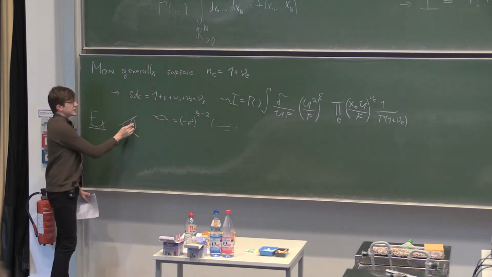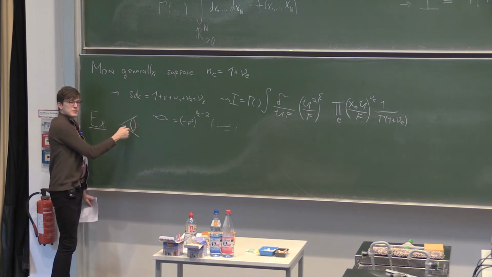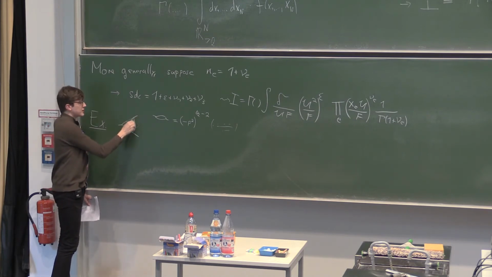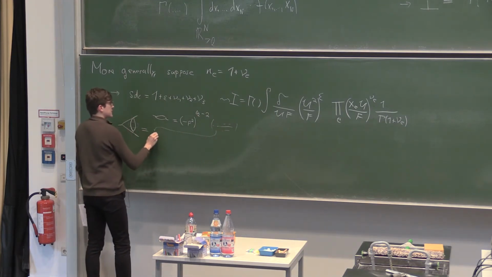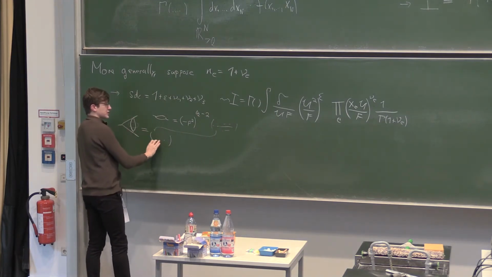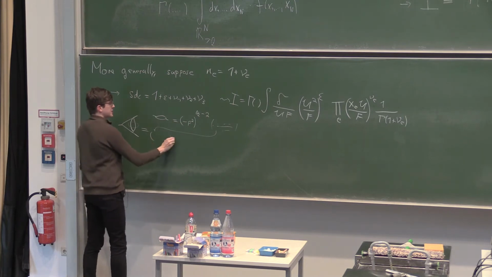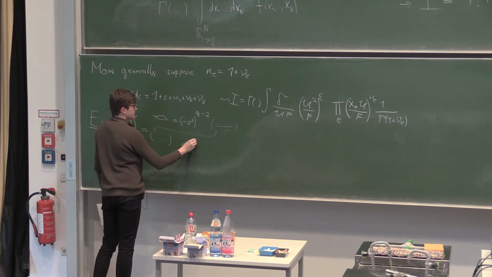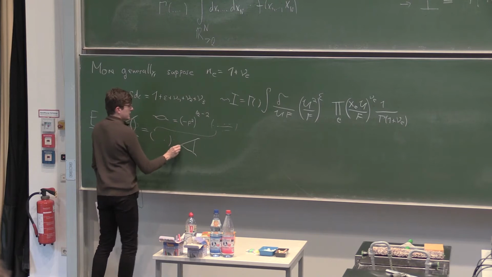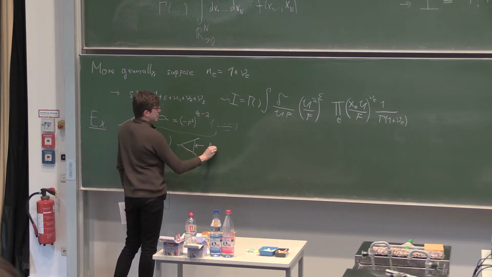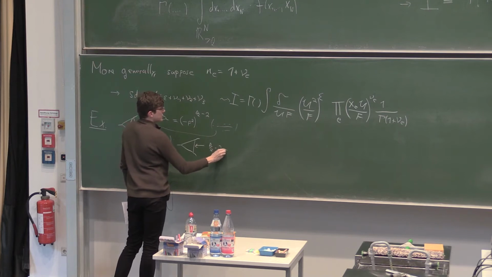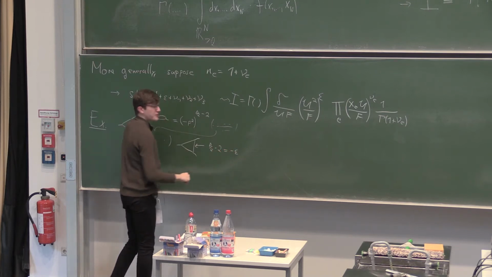So you could also, so to say, integrate out this bubble and just replace it by a single propagator. So this is this function here, some expansion, which does not depend on the momentum, just on epsilon, times the triangle integral. But now where this edge is raised to the power D over 2 minus 2, which is minus epsilon.